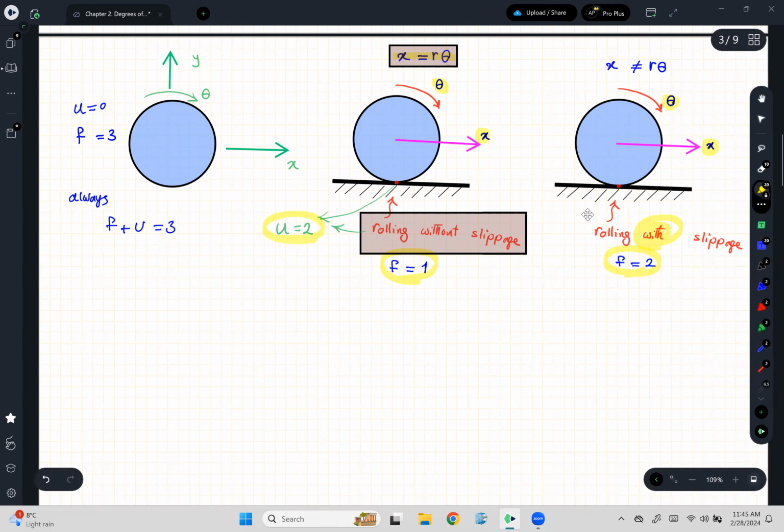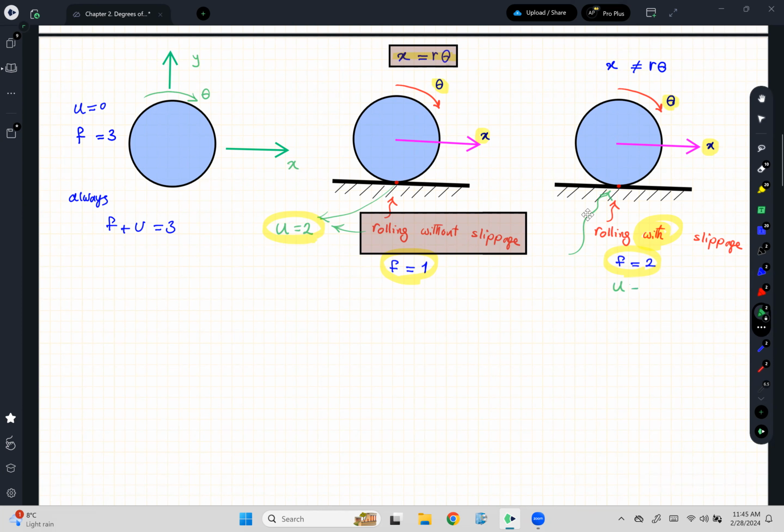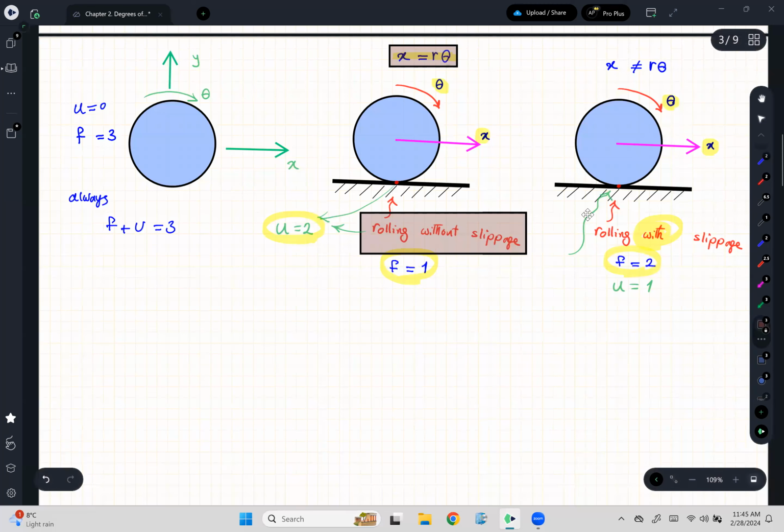This guy has a constraint of 2. What about this one? You should be able to guess what is U for this guy. Always U and F, their sum is equal to 3. So U is 1. So whenever you have rolling with a slippage, just assume you have a constraint of 1.